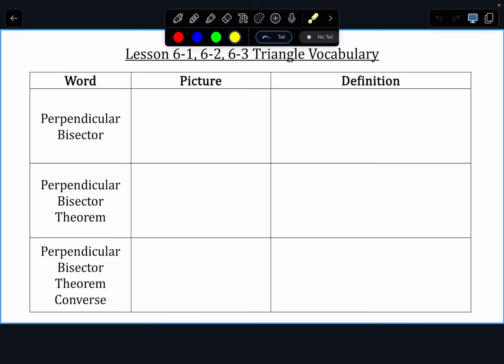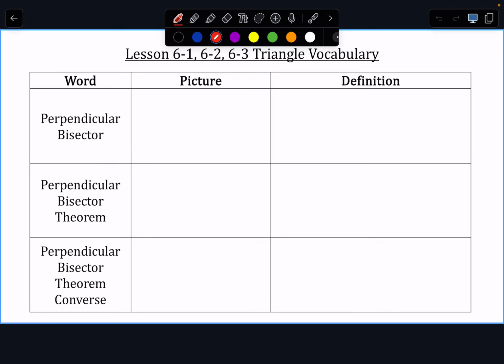Okay. So, perpendicular bisector. It's 2 words. Philly, what does it mean to be perpendicular? 2 right angles. Okay. And what does it mean to bisect? Charles? Okay.